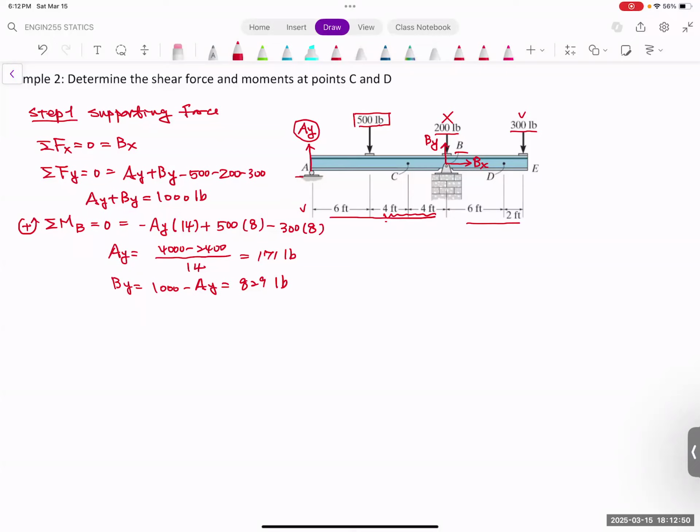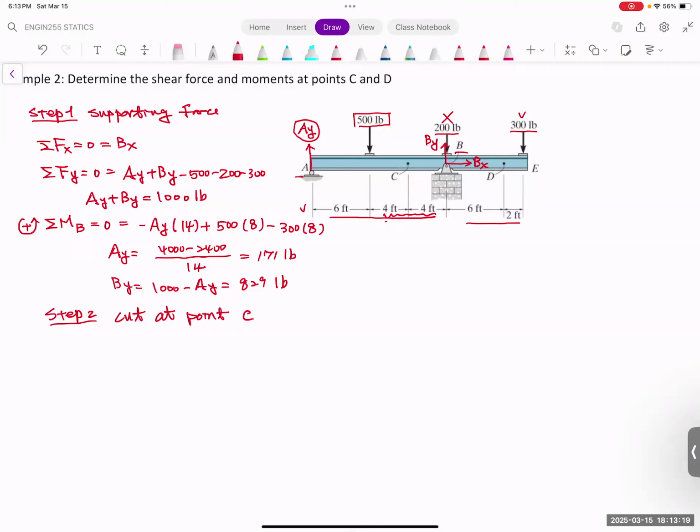Now, the next thing is that you're going to start with a certain point to find out what is the internal reaction at the point of C. So if I want to find the point of C, you can either use the right-hand side or use the left-hand side.